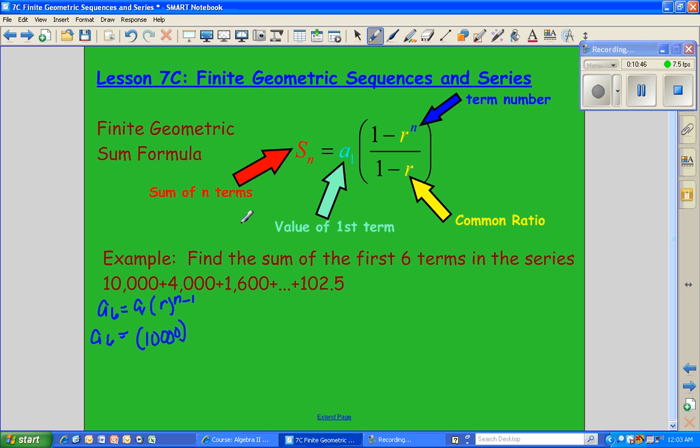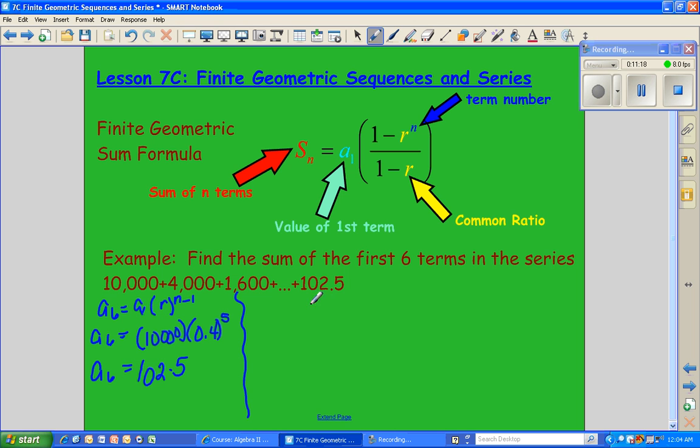And so that's just going to be 0.4. And then 6 minus 1 is 5. So you know a sub 6 is 10,000 times the quantity 0.4 raised to the 5th power. And so that's going to be 102.5. So it did work out that this is the 6th term, but you couldn't assume that.